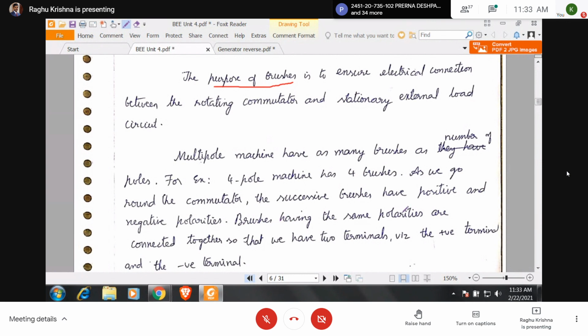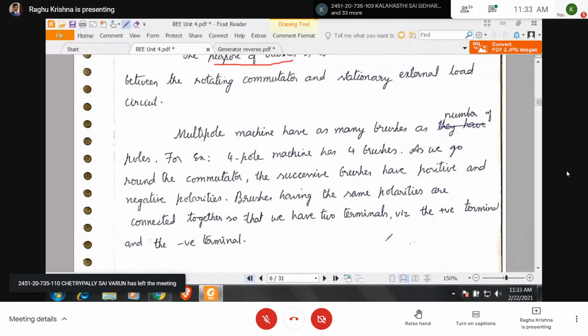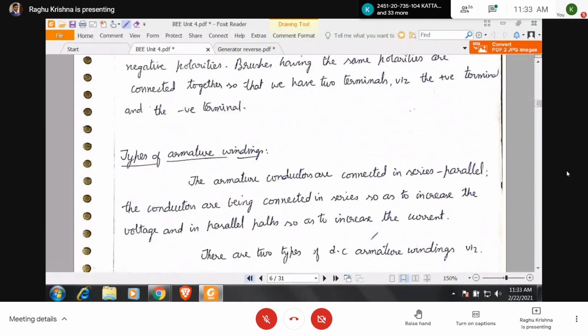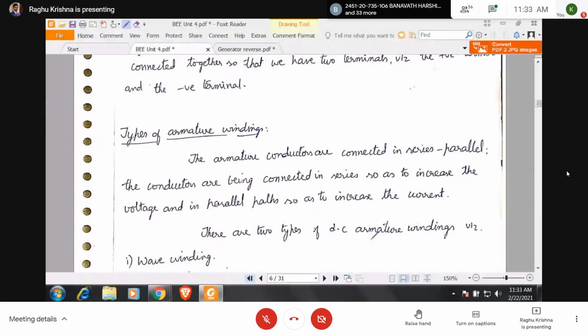So the brushes having the same polarity are connected together, so that we have two terminals, namely the positive terminal and the negative terminal. If you have four poles, you are going to have four brushes. Of these four brushes, one will be positive, negative, positive, negative. Two positive polarities and two negative polarities will be there.